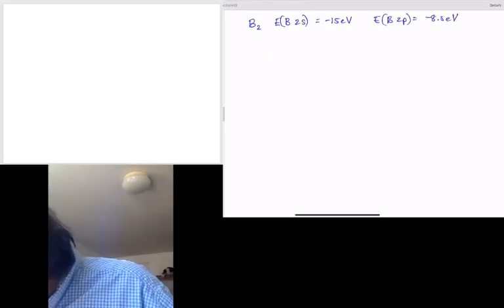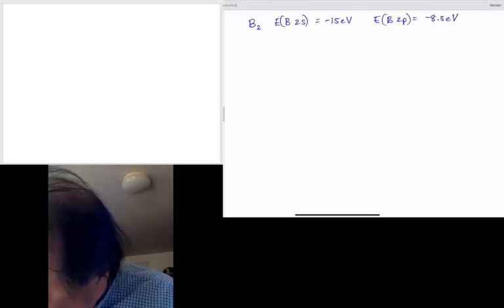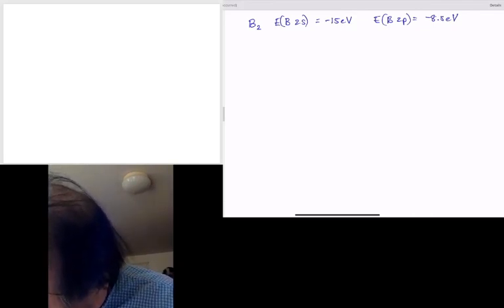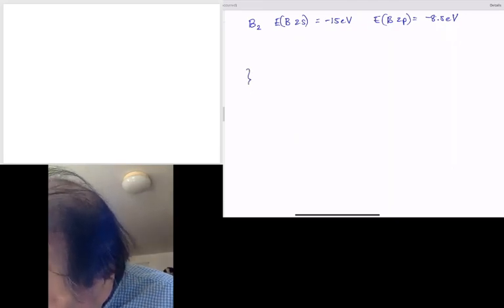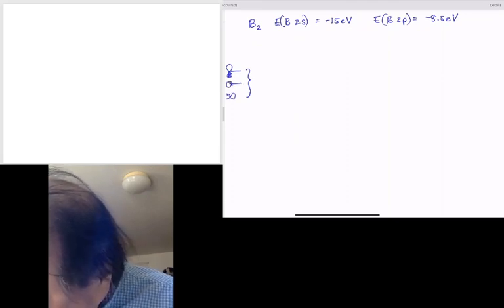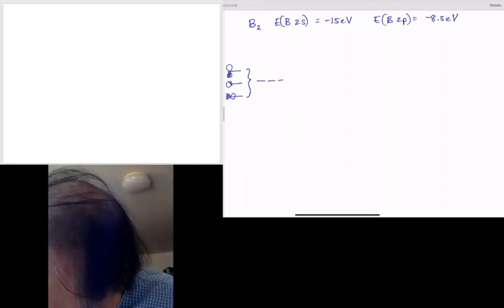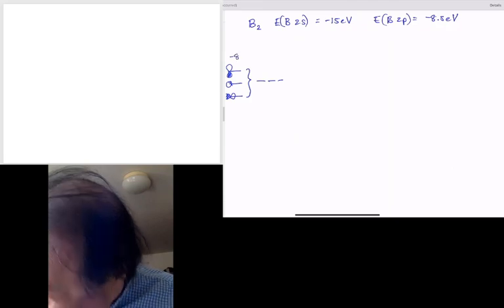So we're now going to draw the diagram, and as we had the rules here, I'll put on the left. Here are the three boron p orbitals. Put in chat the energy of these three p orbitals. They're all at the same energy. What energy are they? I just said minus 8.5 EV.